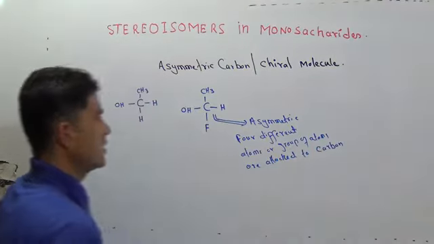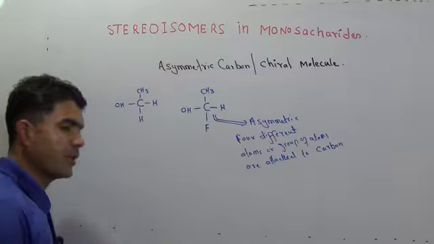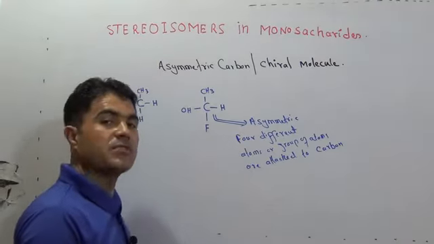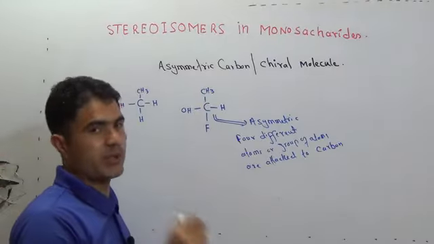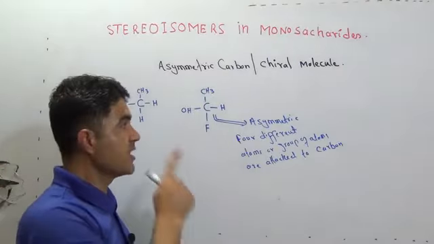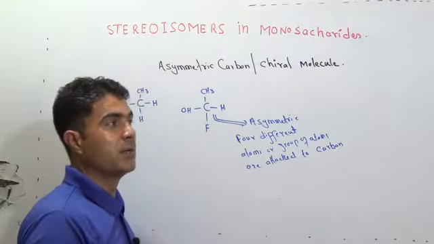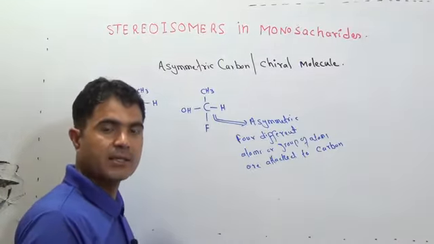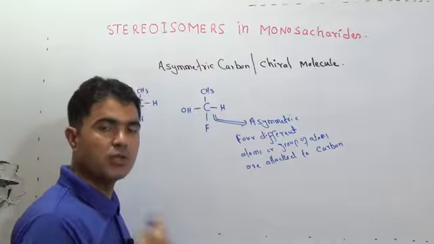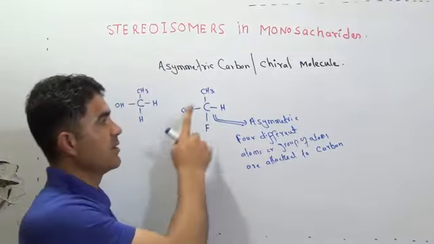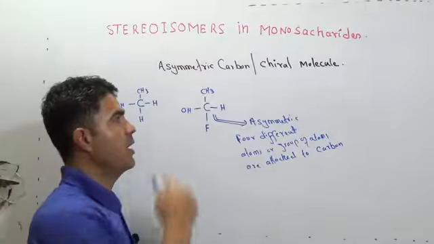So if the central carbon is attached to 4 different atoms or groups, we will call such carbon an asymmetric carbon. And it is so important to know, because it will help us to understand the topics of today, the topics of stereochemistry, stereoisomers.